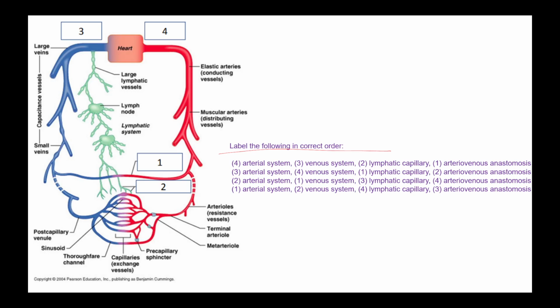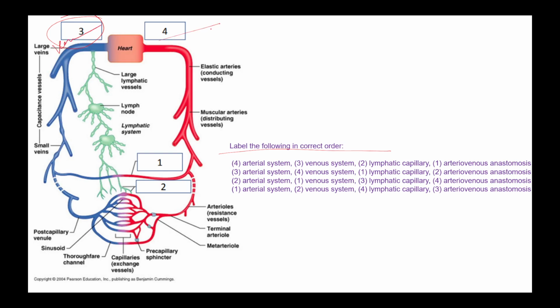So the first one here, or let's say the third one. What is the third one? Is it the arterial system or the venous system, which carries the deoxygenated blood? It is the venous system.